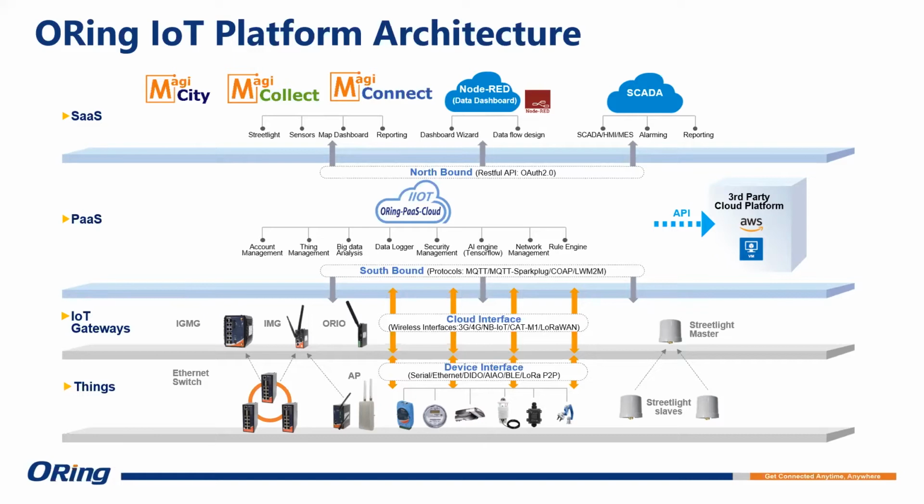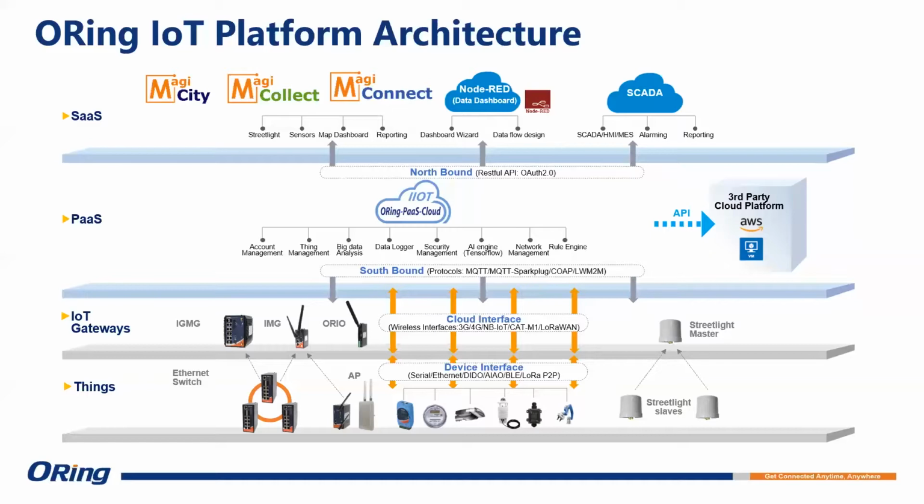When we are discussing the cloud platform functionality, the cloud platform is usually responsible for managing the devices and storing the data. So in the cloud platform, you have features like account management, thing management, data analysis features, and a data logger, which helps to store the data safely and securely. We have security management, AI engine, network management, rule engine, and any other features related to managing the devices and the data.